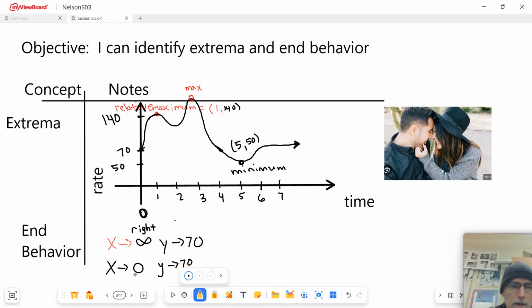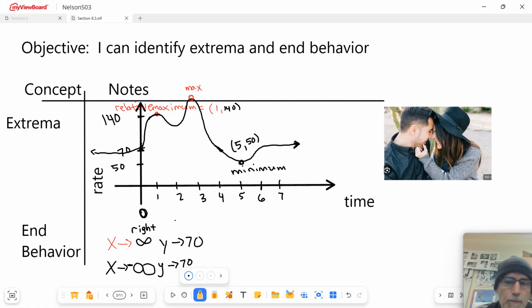But we would say that your heart rate was 70 over here as well. So I'm going to make it go out to negative infinity. That doesn't make a whole lot of sense in my story. Oh, geez, I'm trying to put down an infinity sign. That was horrible. Let me see if I can make it any better here. No. Okay, so as we go to negative infinity, what happens to Y? It's also going towards 70.